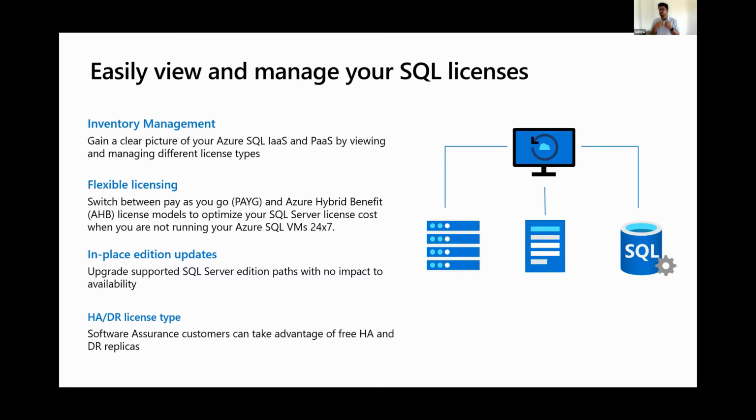Now, how do you use those offers? How do you tell Azure that you are in Azure hybrid benefit? The way you tell Azure is using license management. The way you tell Azure that you want to use this machine as an HA/DR replica, used only for disaster recovery purposes, and that you don't want it to get billed, is by going to license management and clicking the right license.